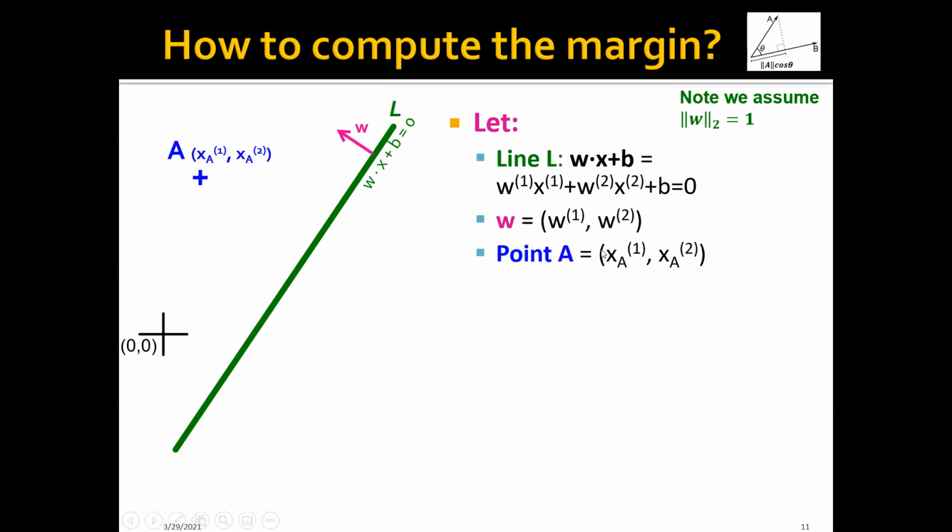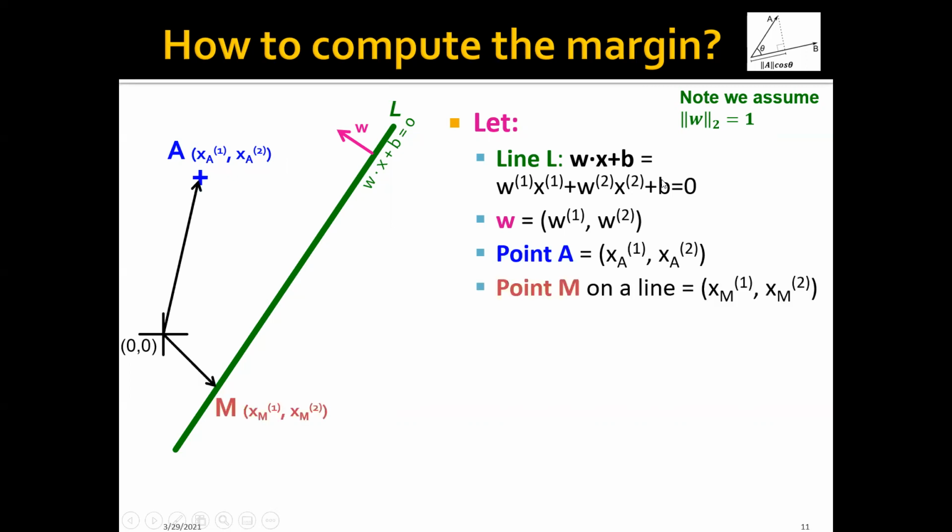Now, let's say that we have one data point also in this two-dimensional space, XA1 and XA2. These are the 2 coordinates. And let's say that we have another arbitrary point, which could be any point, but it has to be on the decision boundary. So we call this point XM, and its 2 coordinates will be XM1 and XM2.